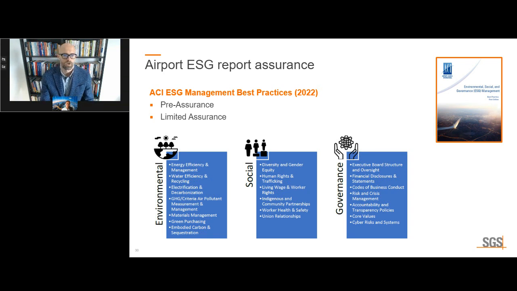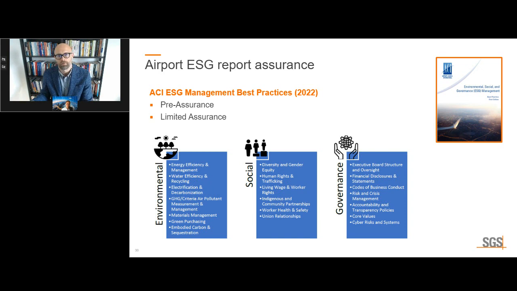So what's your board structure, any disclosures, code of conduct, risk management, accountability, core values, and cyber security. If those things are important and material to you, as they are to most airports, you can reach out to us as well about those kinds of services. And definitely check out that document.